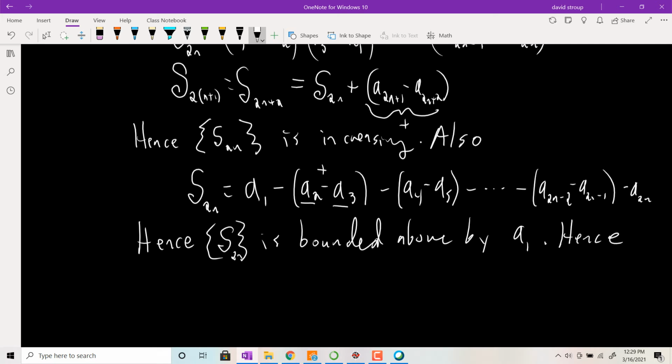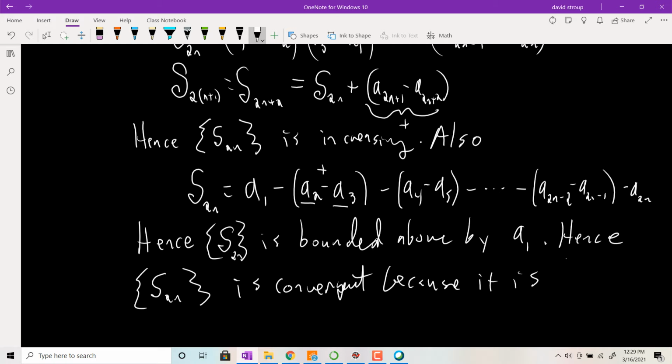In other words, S sub 2n is convergent by that theorem from 9.1: monotonic bounded sequences are convergent. It's convergent because it is bounded above and increasing.